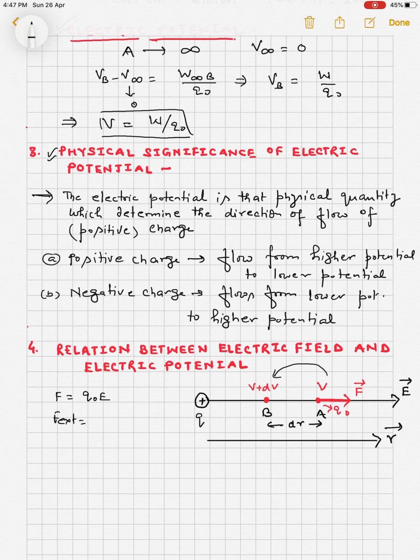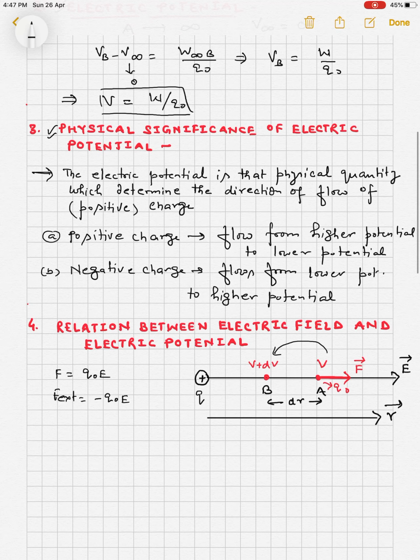So F external is equal to minus Q naught E. So the work done in moving the charge from point A to point B is equal to F external into displacement, that is small displacement dr. So this is the small work done, dW is equal to F external dr. Now putting the value of F external, it is minus Q naught E dr. So dW upon Q naught is equal to minus E dr.